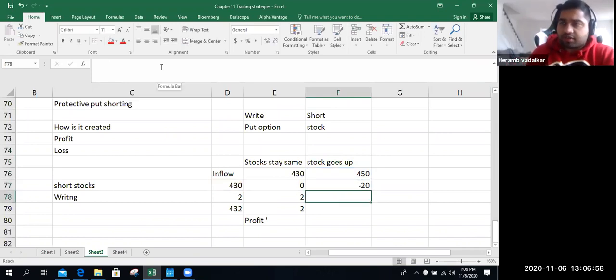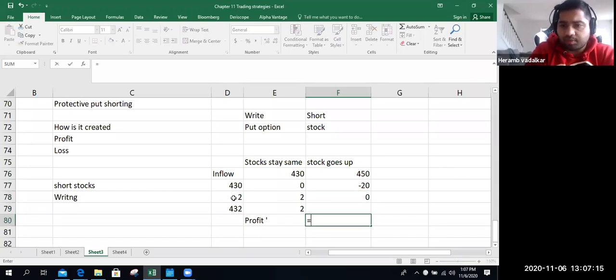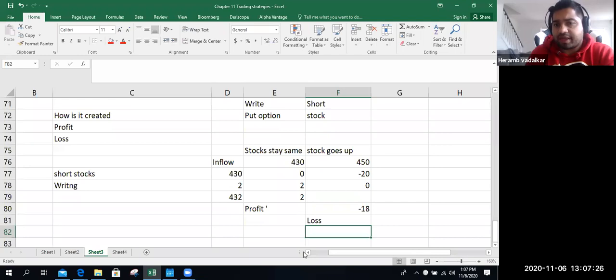You have shorted the stock, so if the stock goes up, you make a loss. And you have also written a put. Writing a put, you have to pay when the stock falls. The stock is going up, so effectively you don't do anything. So the total is this plus $2. So this will be the total loss that you make. Your loss is a little bit less than shorting the stock, but you still make a loss.